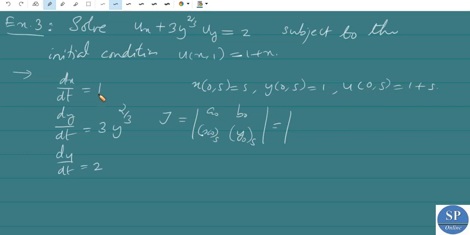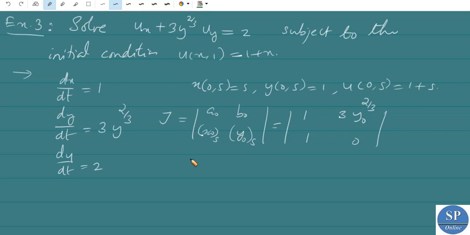Here a = 1, so it is 1, and b0 is 3 y0^(2/3), which is 3 as y0 is 1. Since x0 = s, dx0/ds is 1, and dy0/ds is 0, the derivative of 1.